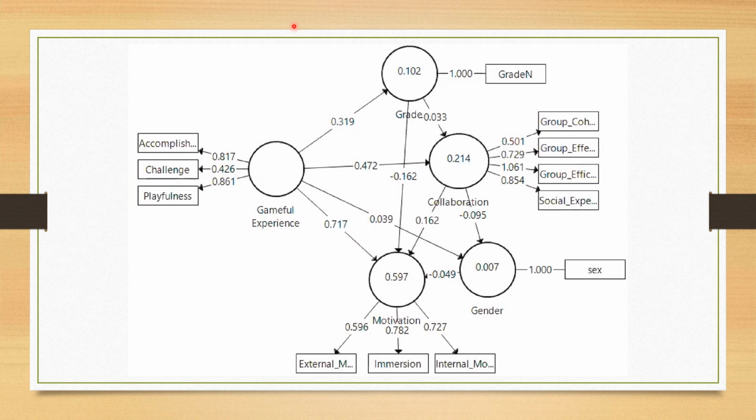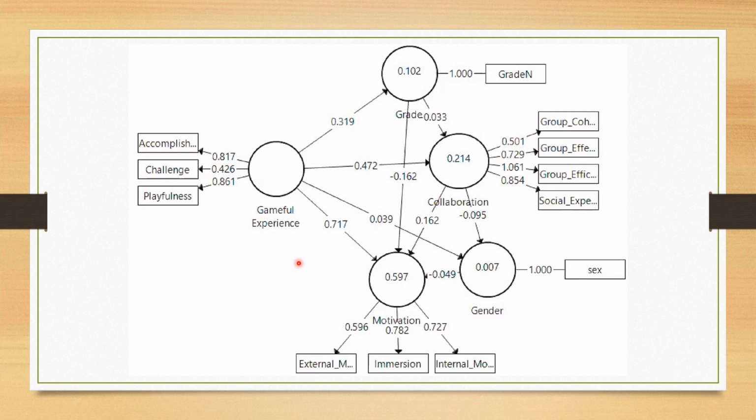That is a lot going on, a lot of circles and rectangles and all sorts of numbers. So I'm going to start this by doing kind of an out to in interpretation, and then going from a left to right interpretation. So starting off, I want to just talk about what these symbols are. So these big circles are either constructs or key variables that they wanted in the model.